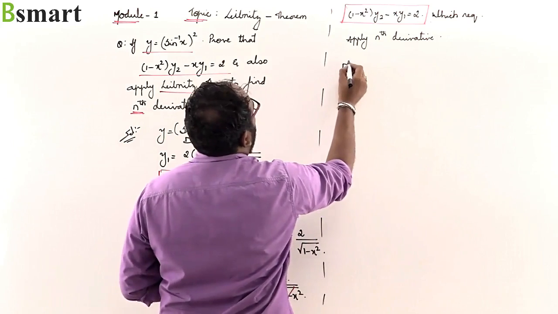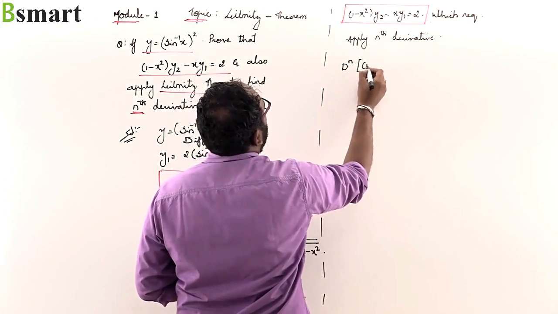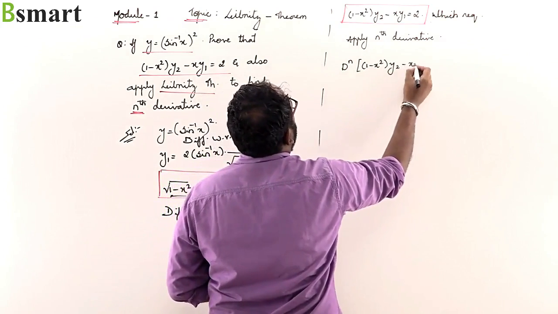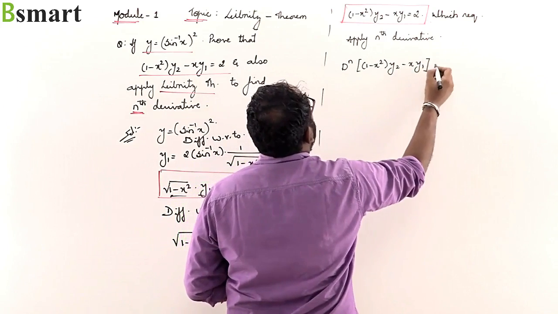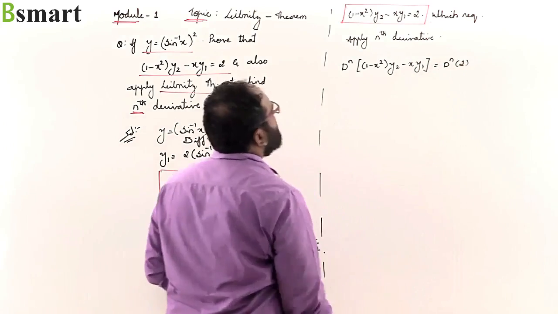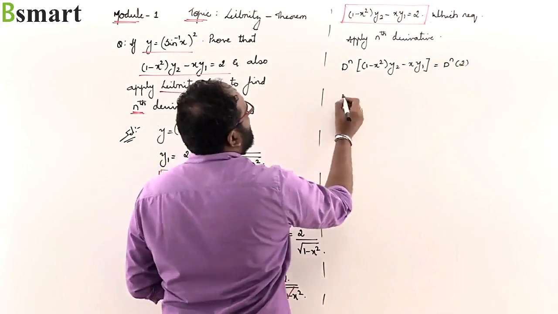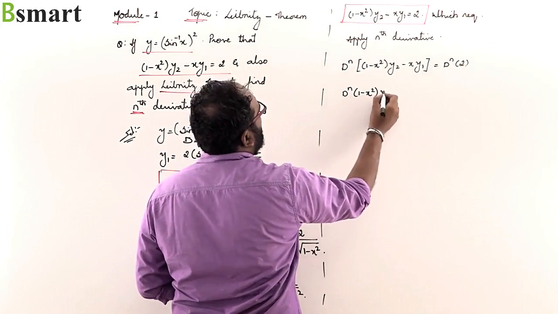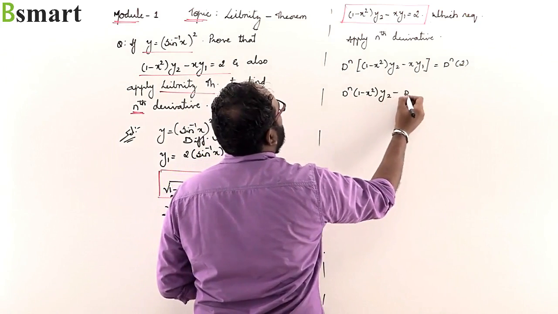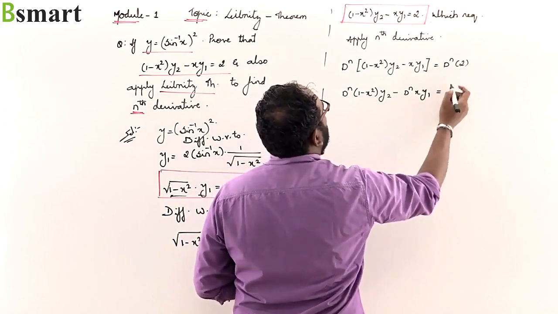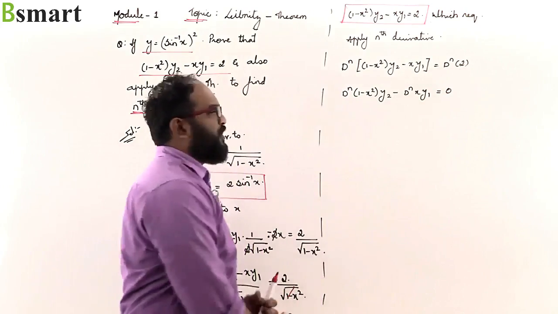D to the power n of 1 minus x square y2 minus x into y1 is equal to d to the power n into 2. So then, if we apply it, that is d to the power n of 1 minus x square into y2 minus d to the power n of x into y1, and the nth derivative of a constant is 0.